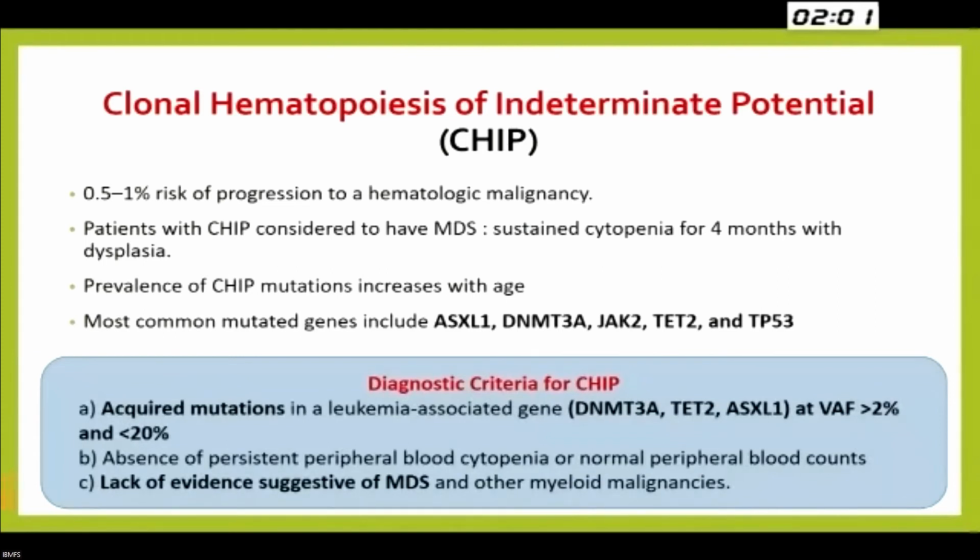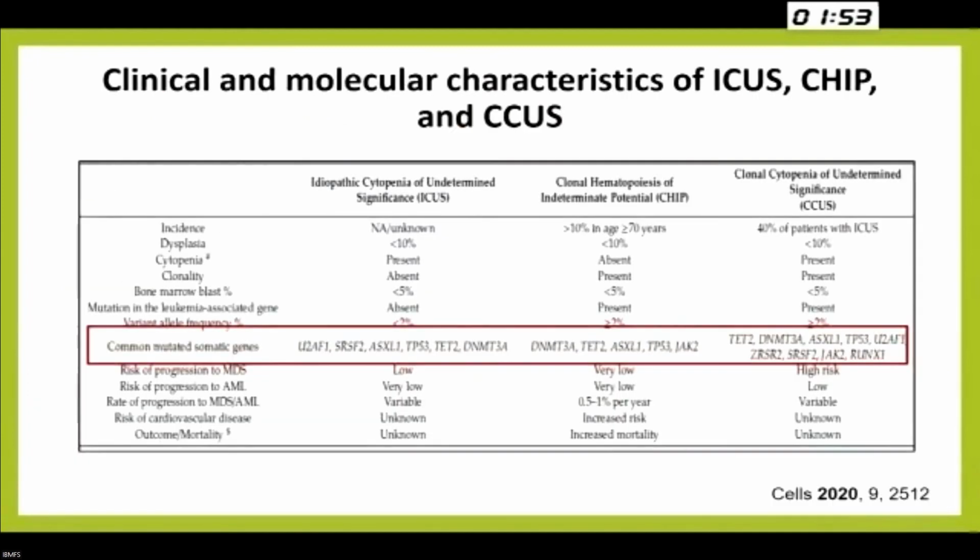And there should be lack of evidence to suggest that the patient has MDS or other myeloid malignancies. So whether this CHIP is going to evolve into MDS is a $1 million question, unlike the MGUS, where almost 10 to 15% of the patients of MGUS will progress into multiple myeloma.